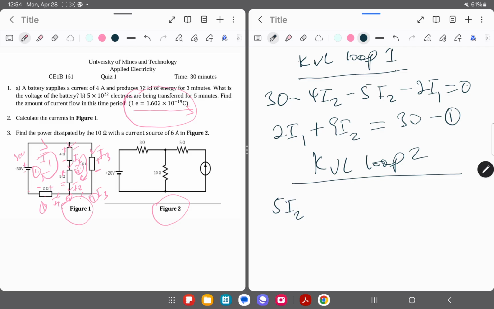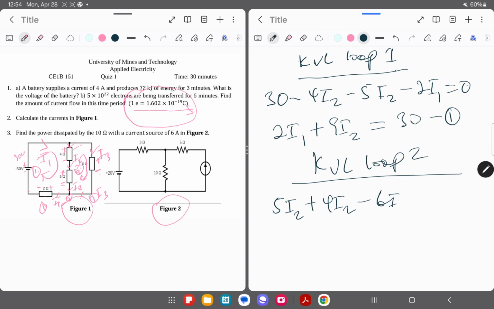Again, moving clockwise here, now I'm moving from minus to positive here. So that will be a rise. So I have 4I2. Then when it comes to the third branch, you can see here is clockwise. So that will be plus to negative, that will be a drop.